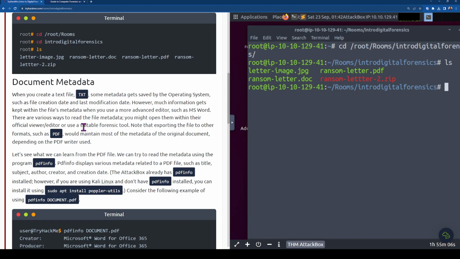There are various ways to read the file metadata. You might open them within their official viewer/editor or use a suitable forensics tool. Note that exporting the file to other formats such as PDF would maintain most of the metadata of the original document, depending on the PDF writer used.